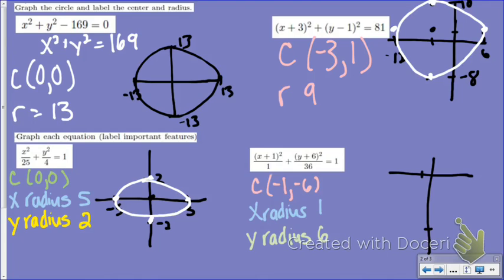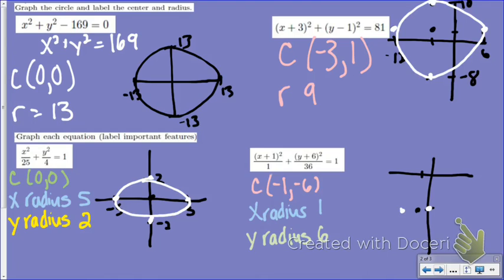I made that a little too far. There's my -6. And that's my center. Then to find those vertices, I'm going to go to the left and right 1. So I'm going to go to 0 and -2, -6.